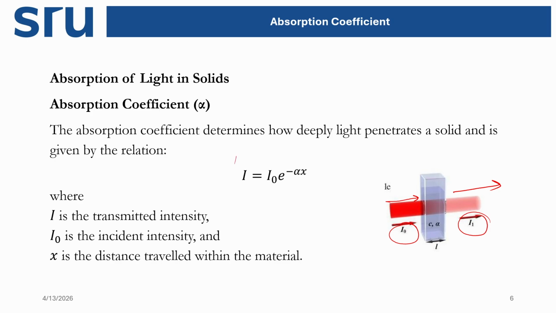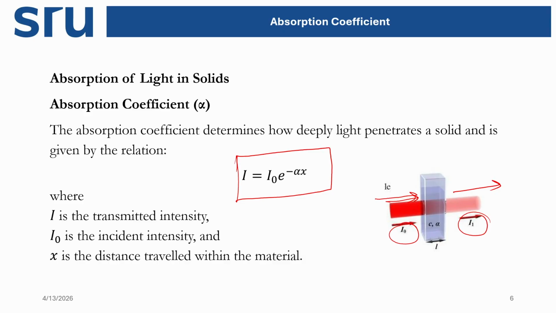That equation is I equals I0 e to the power minus alpha x. So alpha here is the absorption coefficient. Here I0 means I am passing light from a source, and I know the intensity of that light. Then when we pass it through the sample, the sample absorbs some amount of light.